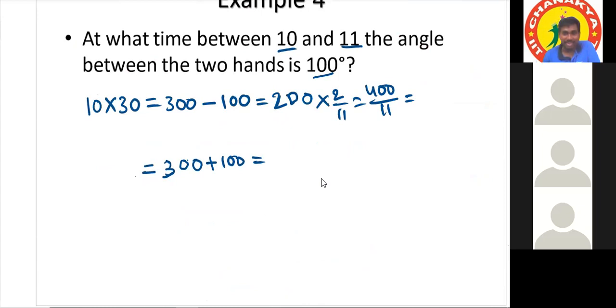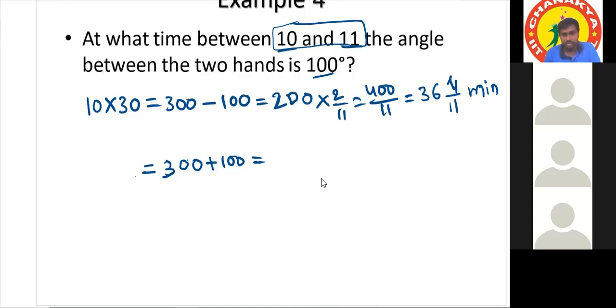No. I'm getting 400 by 11 and 800 by 11, sir. 400 by 11 is how much? 36 4 by 11 minutes. This is one timing.